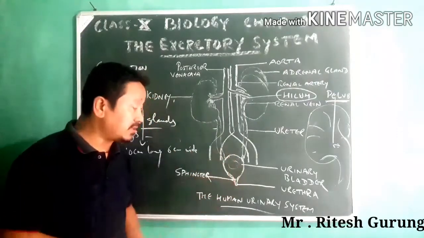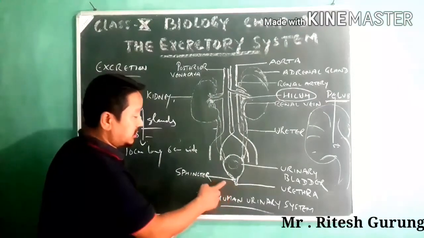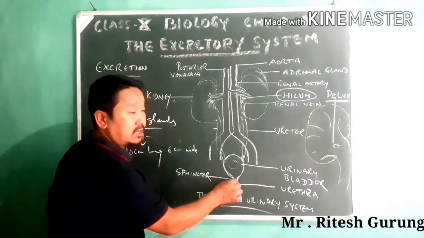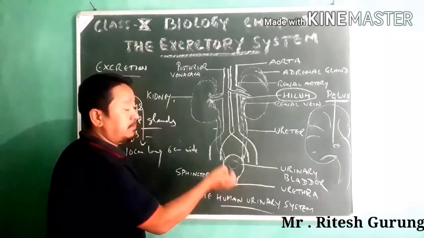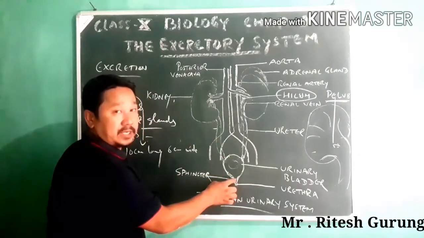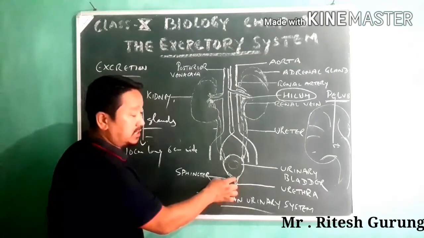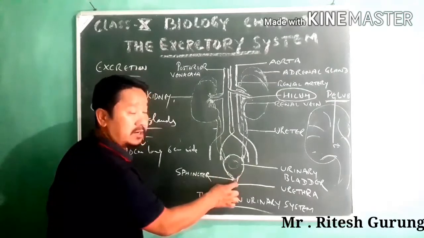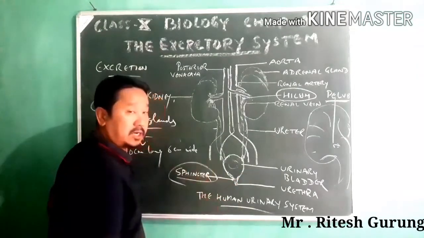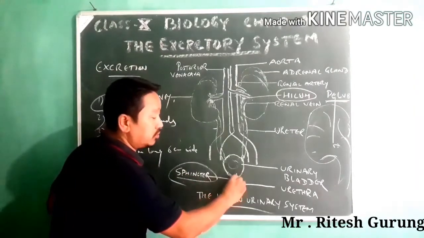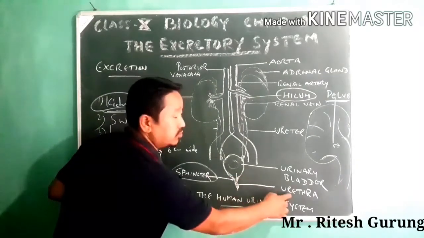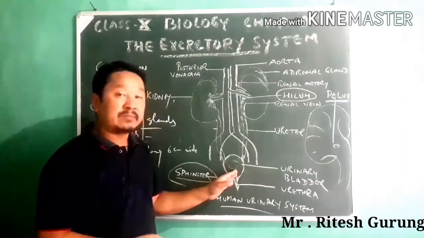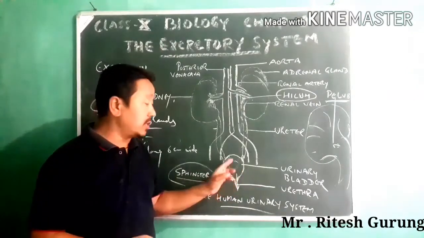When it is to be emptied, that time the sphincter opens. This sphincter is something like a door, which usually guards this opening. So when it has to empty the urinary bladder, only then it relaxes, or opens, so that the urine is passed through the urethra.